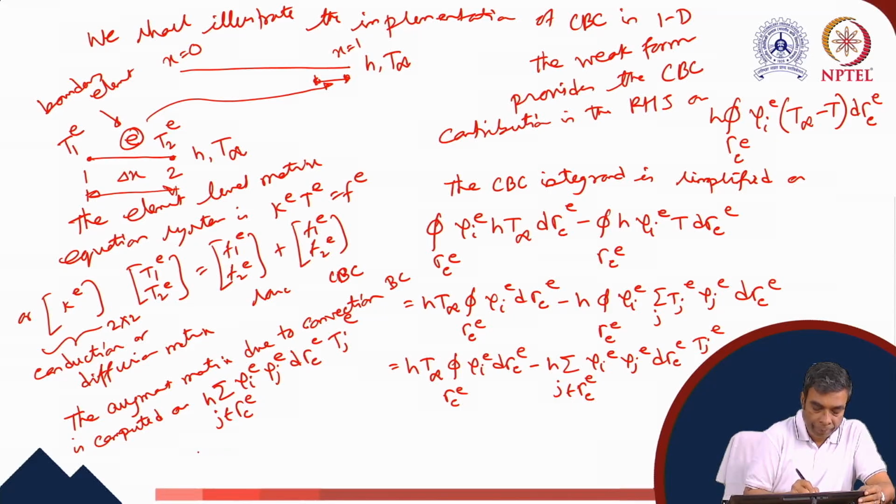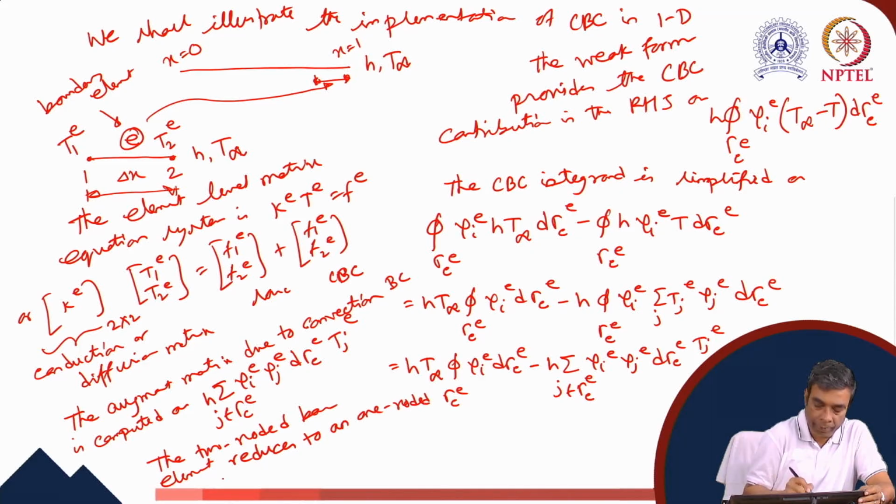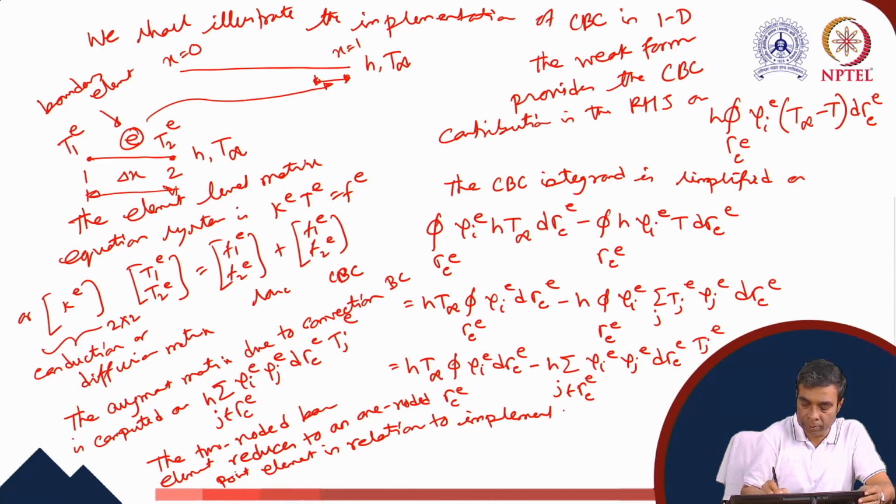Now, the two-noded bar element reduces to a one-noded point element in relation to implementation of CBC.